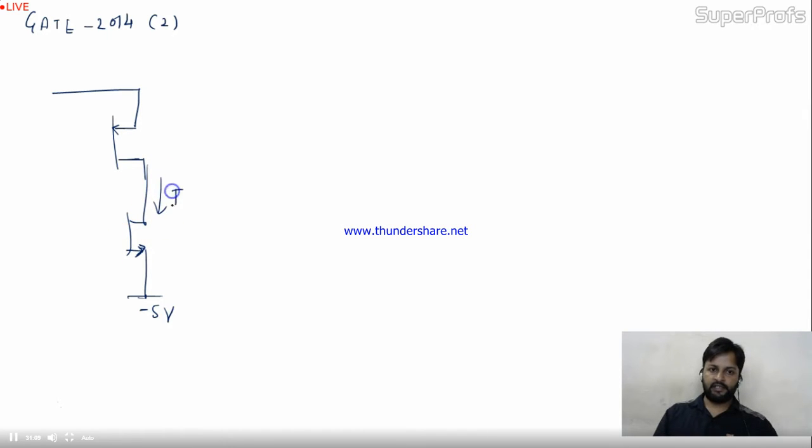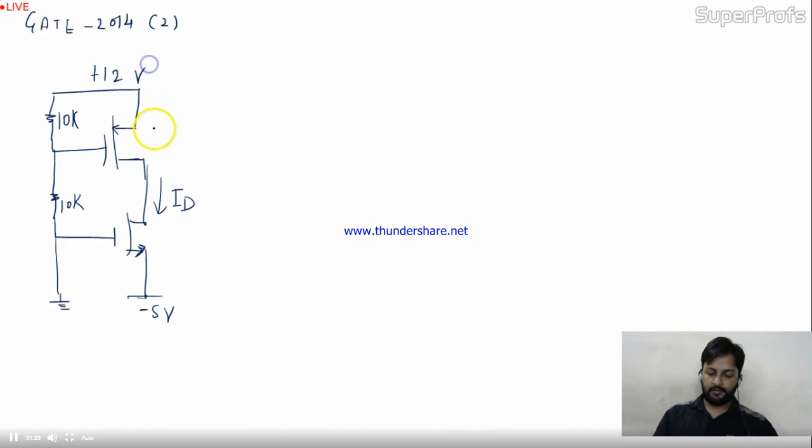Here is the current ID, 10K, 10K connected to ground, and here it is plus 12 volt. Everything is given minus 5 volt.